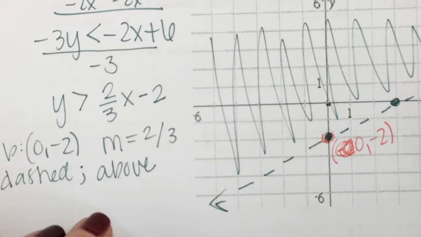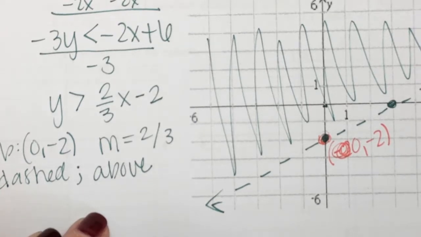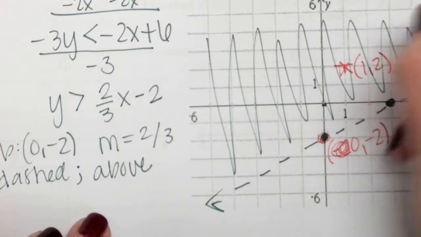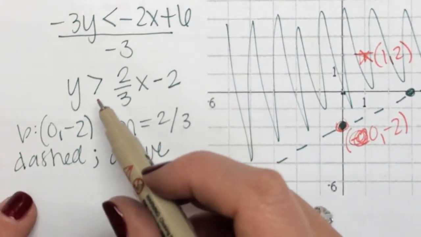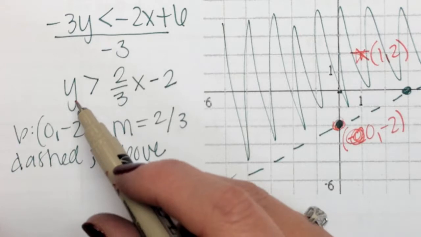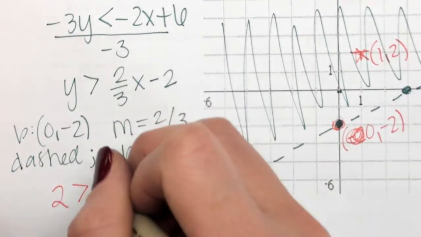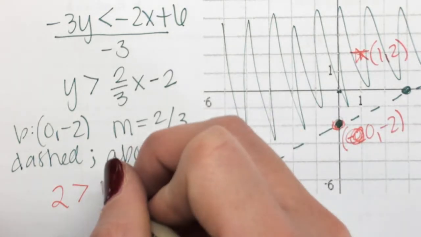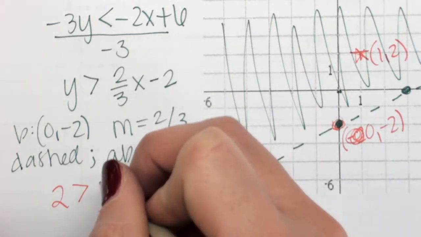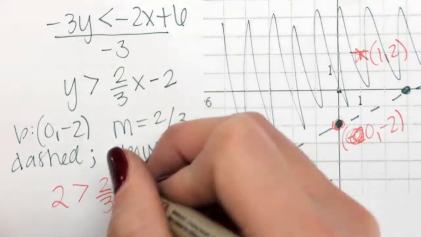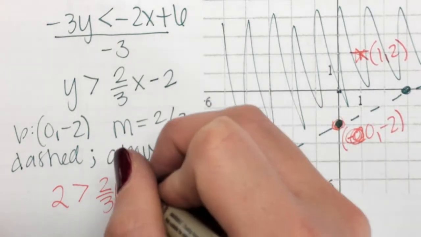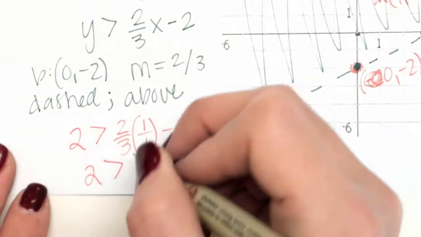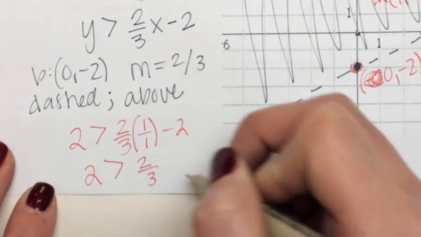Michaela, pick any point you want to use. 1, 2. Okay. So we're using (1, 2). I'm going to plug it into this equation. So instead of y, I would put what? 2 is greater than 2/3 times 1, which is what? Let me write it down like this. 2 over 3 times 1, would be 2 is greater than 2/3 minus 2.